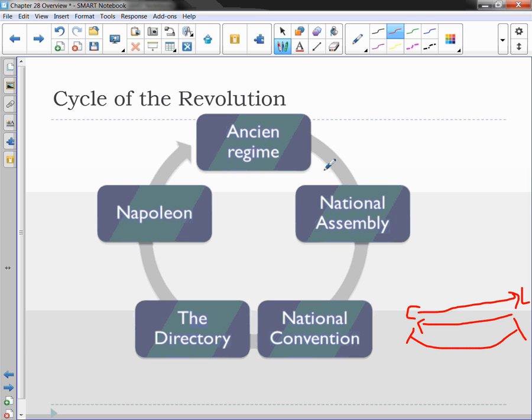So liberal, radical, more conservative, but with some liberal principles, even more conservative, and then all the way back to absolutists. Again, with a little bit of liberal principles here.